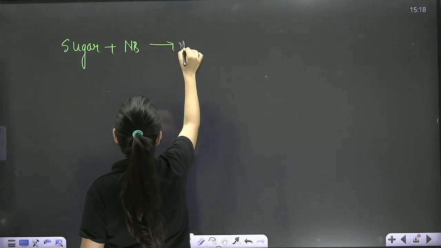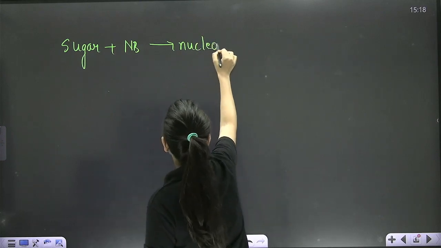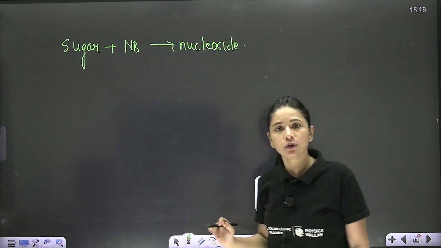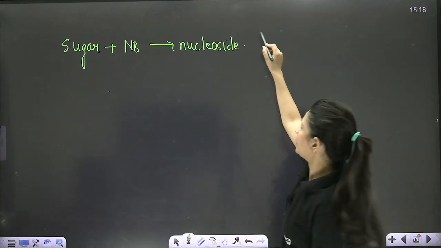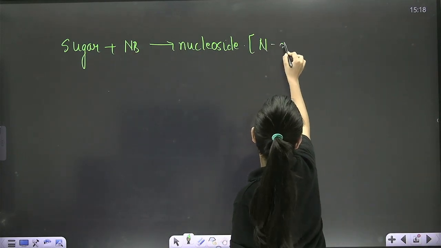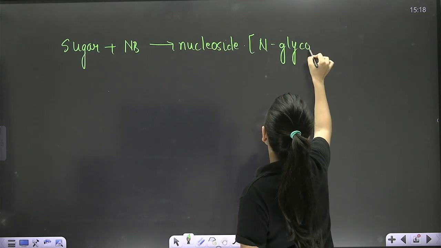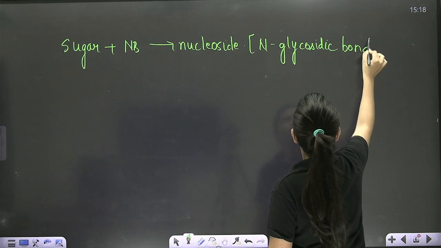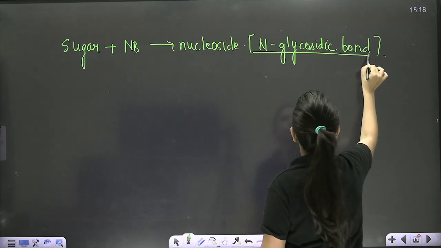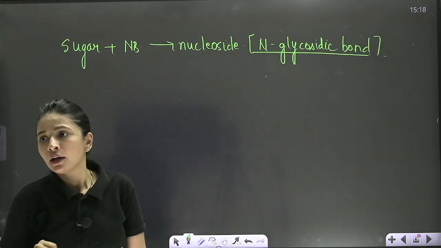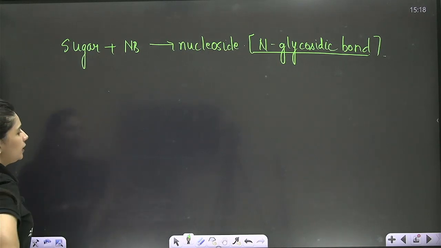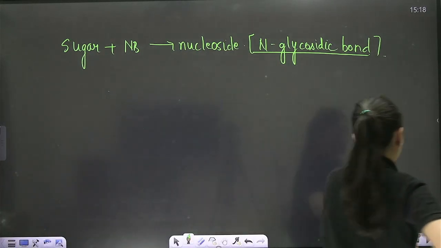First of all, this association is known as a nucleoside, and to make this nucleoside, the bond required is the N-glycosidic bond, right? So which bond is required over here? N-glycosidic bond. Now, going back to the last page.